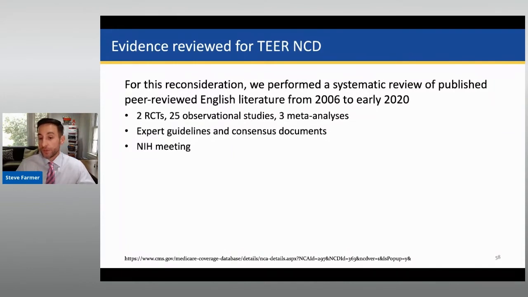We also reviewed expert guideline and consensus documents on heart failure management, mitral valve disease, and transcatheter edge-to-edge repair. Lastly, we participated in an NIH convening that brought together experts from around the world from multiple disciplines to discuss the role of TEER in functional mitral regurgitation treatment. We took this added step because there is so much controversy around the benefits of TEER in FMR.